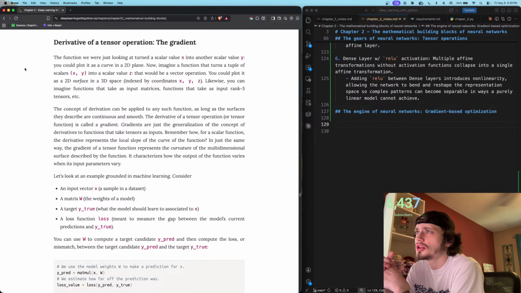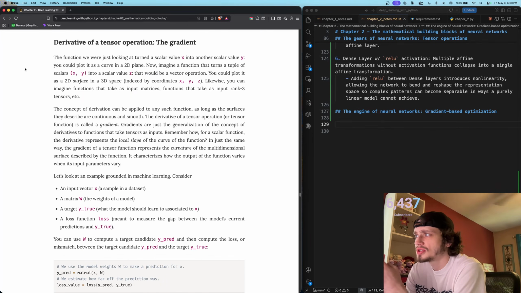The function we were just looking at turned a scalar value x into another scalar value y, if you plot it as a curve in a 2D plane. Now imagine a function that turns a tuple of scalars. Okay, we already did that. So the concept of derivation can be applied to any such function as long as the surfaces they describe are continuous and smooth. The derivation of a tensor operation or tensor function is called a gradient.